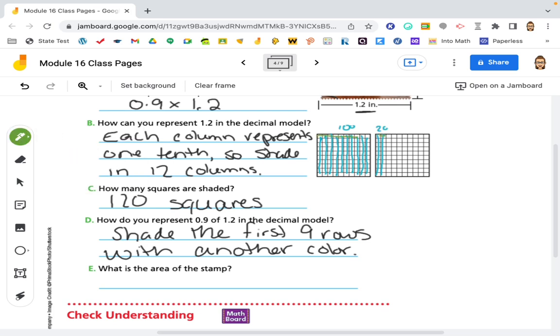So I'm going to go 1, 2, 3, 4, 5, 6, 7, 8, 9. So in this case, we had 120. We didn't shade in the last 12. So the area of the stamp is going to be 1 and 8 hundredths square inches.